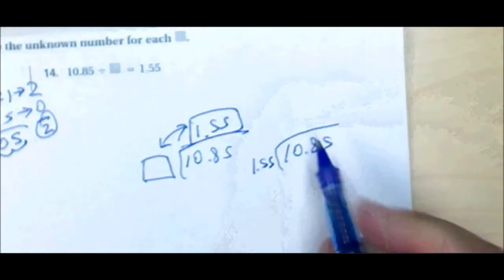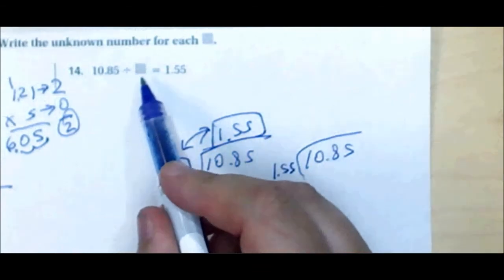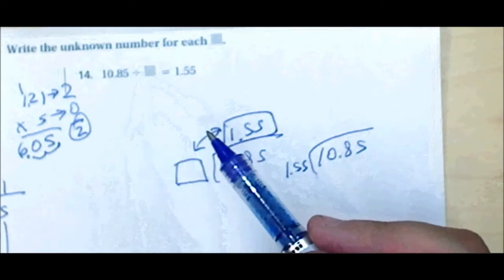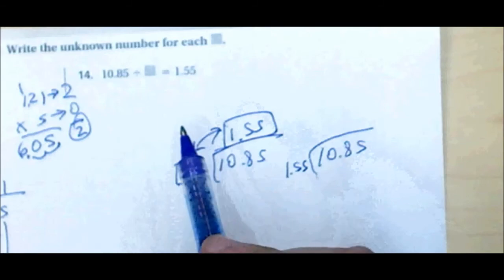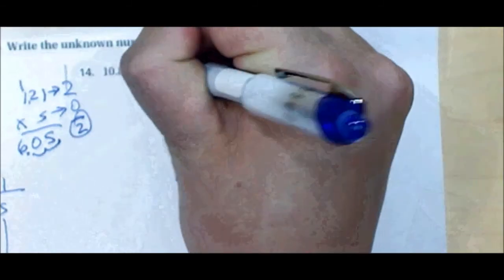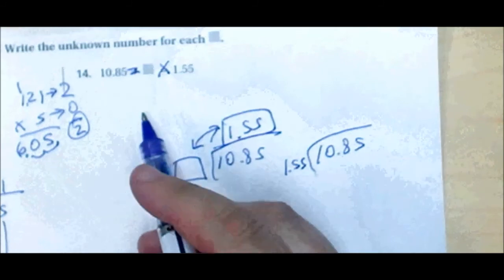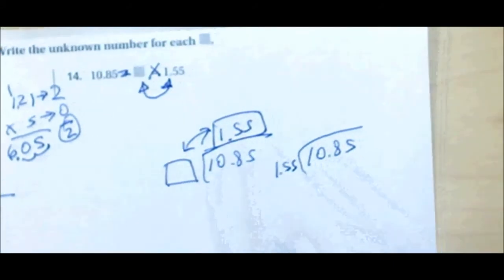My answer, whatever that is, will go in this blank. Because once again, as a student pointed out to me today, I keep saying that multiplication is division backwards. Well, we know in multiplication, because of the commutative property, we can switch these. And so that's why we're able to switch these.